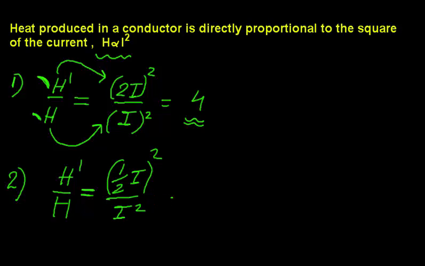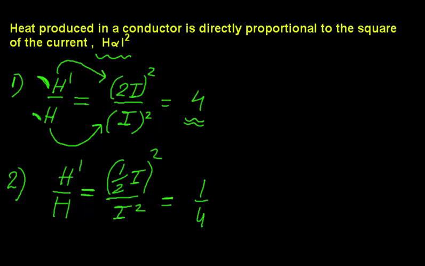So I may have in this particular relation 1 by 4. So if current is half, then the new current becomes I by 2 for a given resistance and time. So if the current is half, then the generated heat will become 1/4.